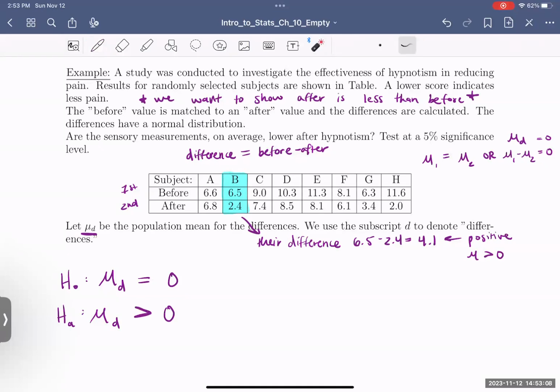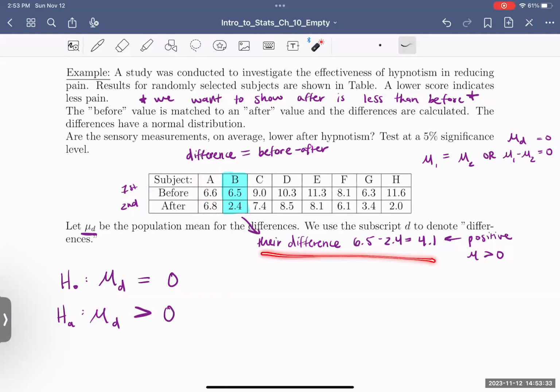Again, I picked that one, I could have picked this one, this one, this one, this one, or this one. The only one that actually didn't show what we were trying to show was subject A. If I did their subtraction, I would have ended up with a negative 0.2, showing that mu would be less than 0 there. But they weren't helping our cause.